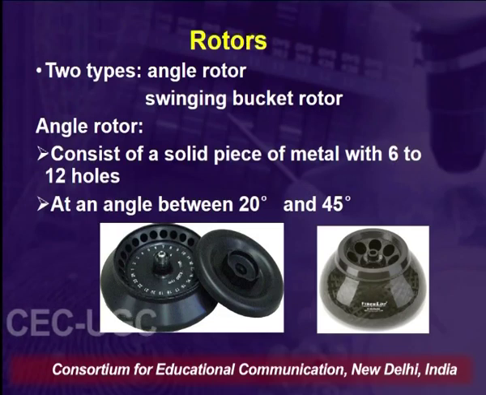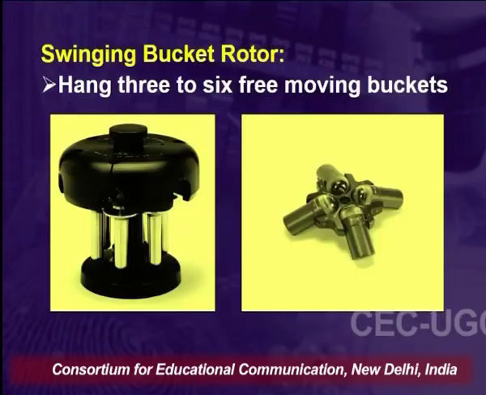Mostly in the low speed centrifuge, rotors are of 2 types: angle rotor and swinging bucket rotor. Angle rotors consist of a solid piece of metal with 6 to 12 holes. Depending upon what kind of rotor we need, we use an angle rotor or a swinging bucket rotor. The angle usually lies between 20 degrees and 45 degrees.